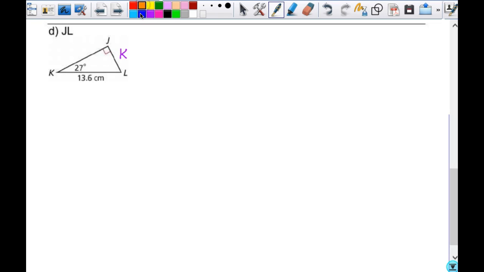And then that makes k the opposite side. What is this 13.6? Hypotenuse, good. What uses opposite and hypotenuse? Sine. So this is the sine of 27. That's equal to the opposite, which is k, over the hypotenuse, which is 13.6.